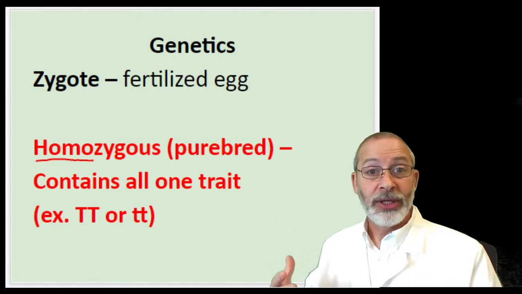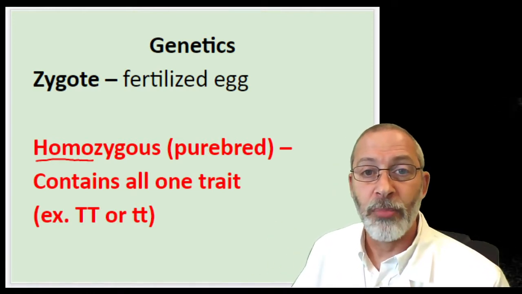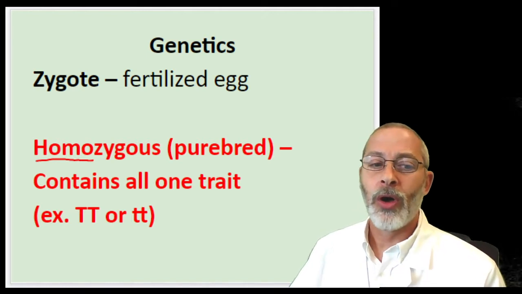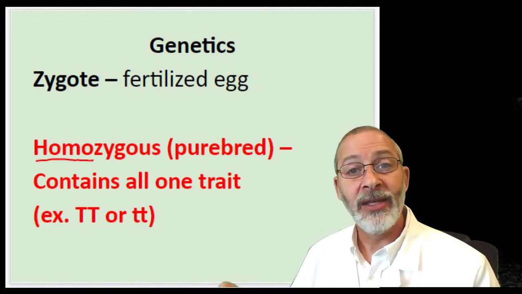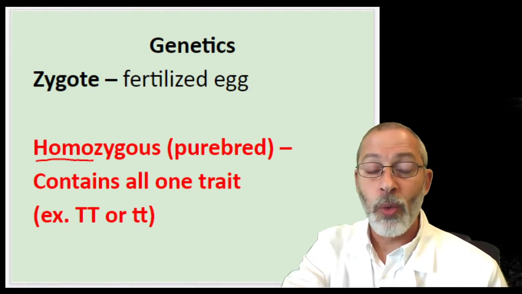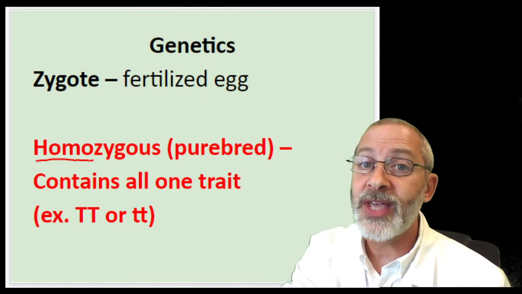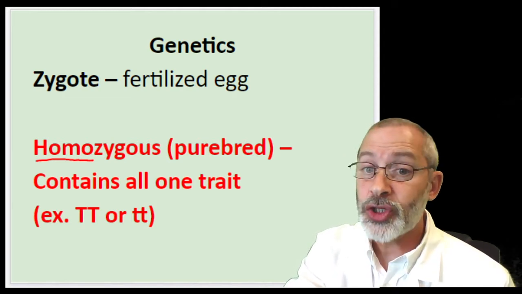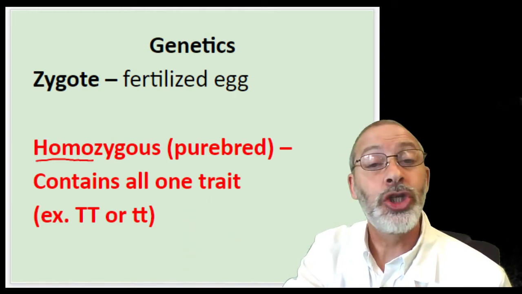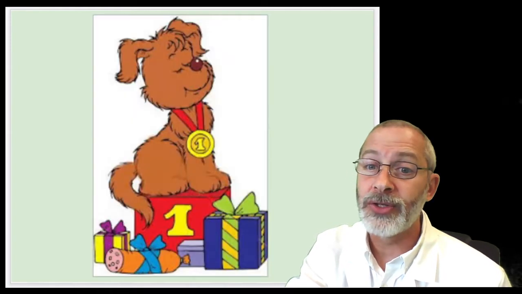And we as complete organisms have both. We are a combination of both parents. So homozygous means purebred, means contains all one trait, either both dominant or both recessive, and we illustrate that by our choice of capitalization in our letters.